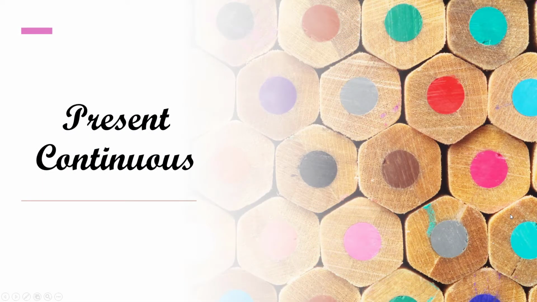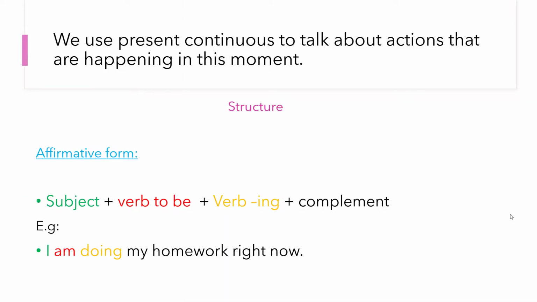Before we continue with the lesson in the book, I'm going to explain to you the use of the new tense, present continuous. Okay, so pay attention. We're going to use the present continuous tense to talk about actions that are happening in this moment. Do you remember the present simple?